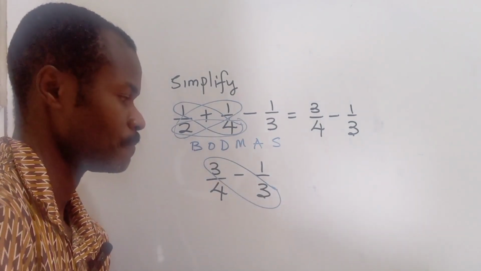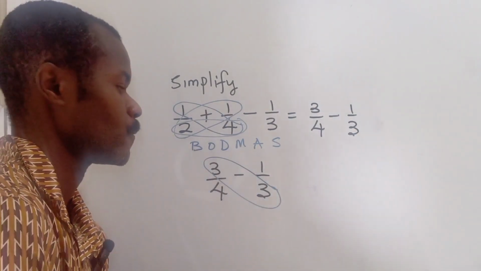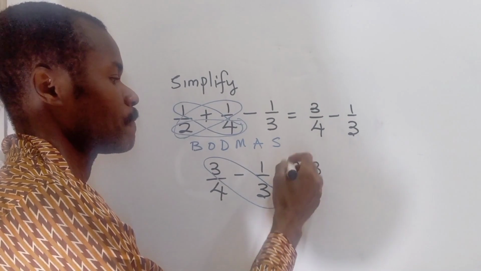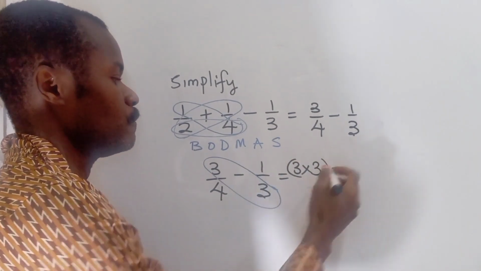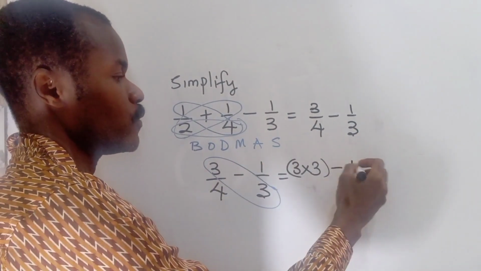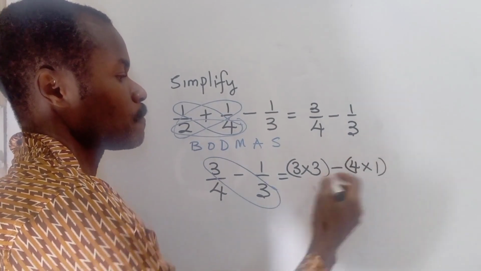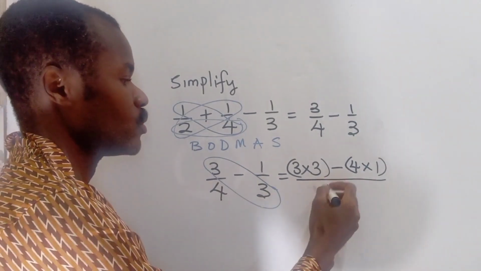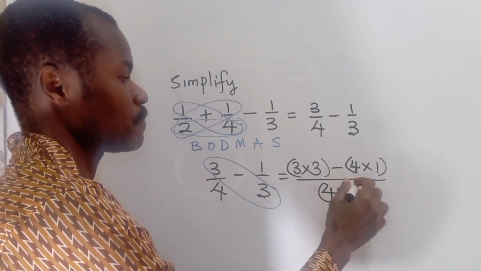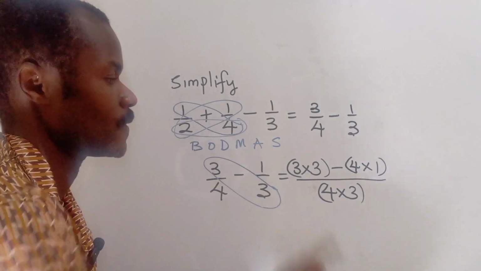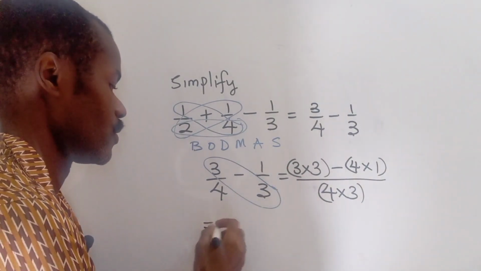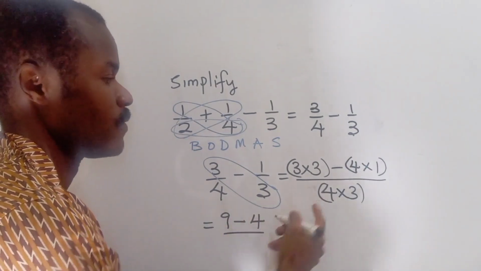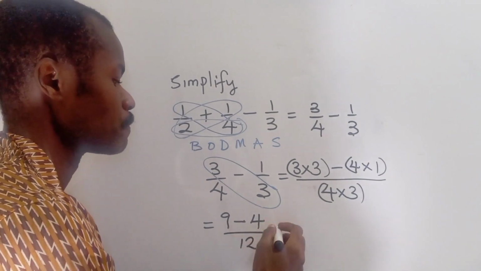You always start diagonally this way. So we have 3 times 3, with minus in the middle. Then we go this way, 4 times 1. And lastly, we multiply the denominators, 4 times 3. So 3 times 3 gives us 9, minus 4 times 1 is 4, divided by 4 times 3 is 12.